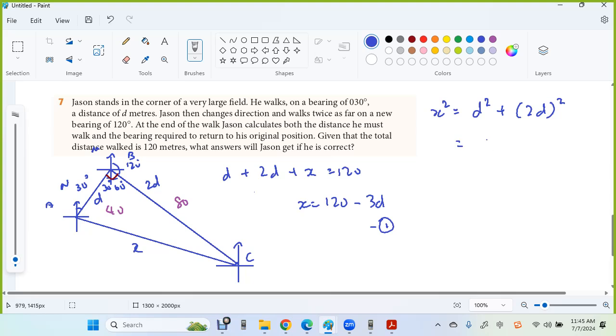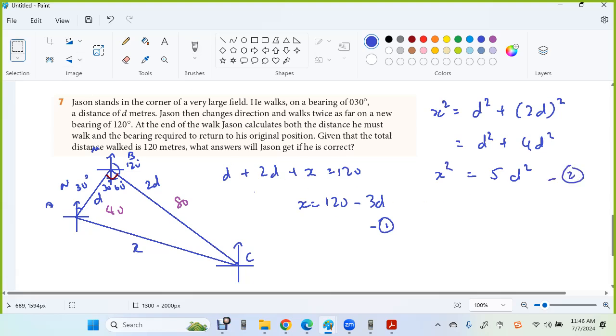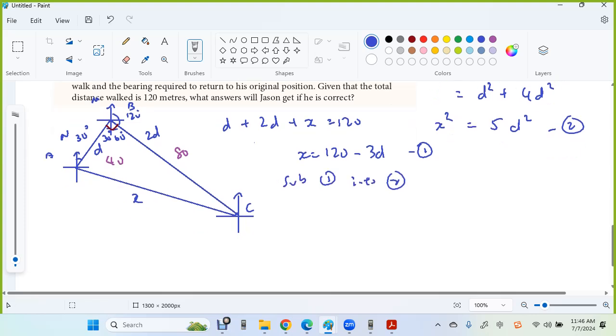So this will be D squared plus 4D squared. So it's 5D squared. X squared equal to 5D squared is equation number 2. So what next is we can substitute equation 1 into equation 2.